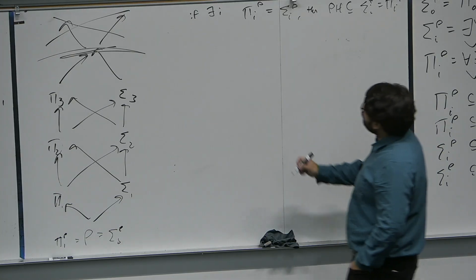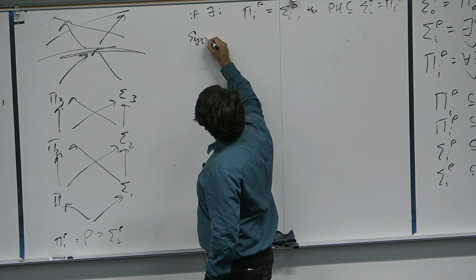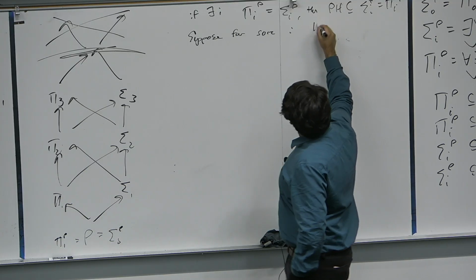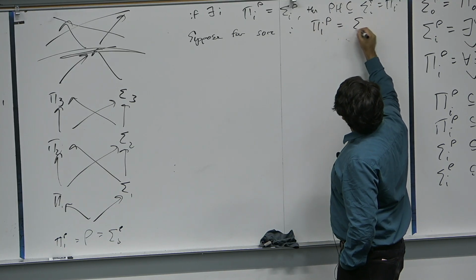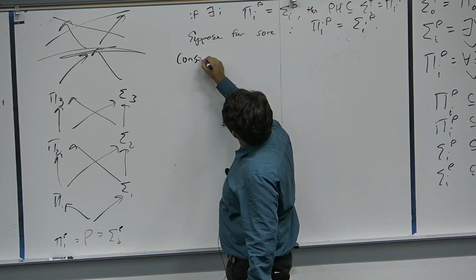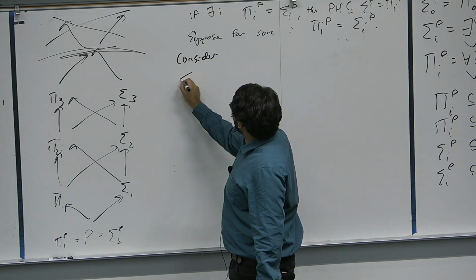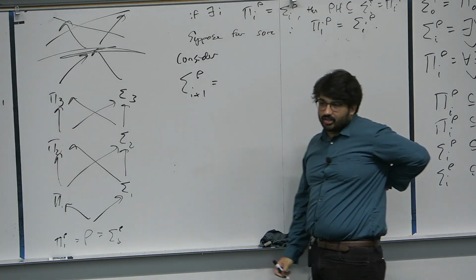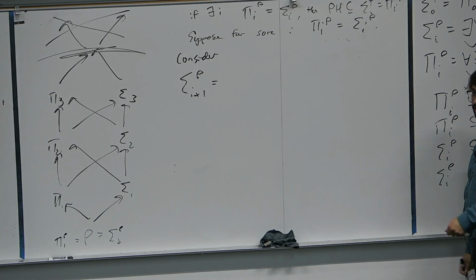Let's prove it. Suppose for some i, pi i p is equal to sigma i p. Consider sigma i plus 1. Using the quantifier definition, it was an existential generalization of what?